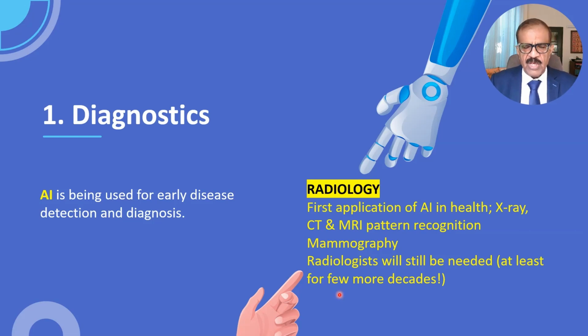Machine can triage and pick up those images which could potentially indicate a serious condition and which would require early intervention by the doctor. So the machine can pull up those cases which are, for example, brain hemorrhage or an abscess. So I think in radiology, artificial intelligence is already very established.